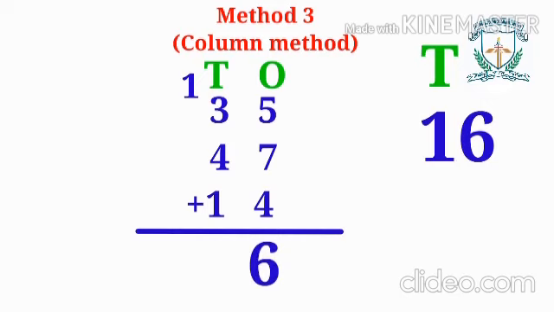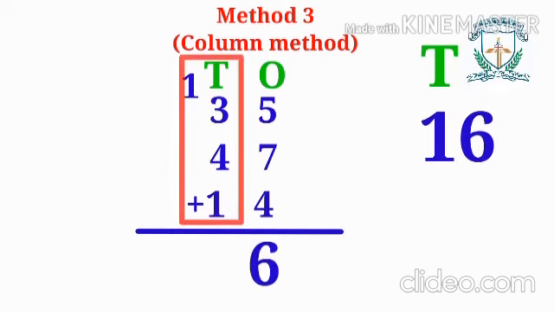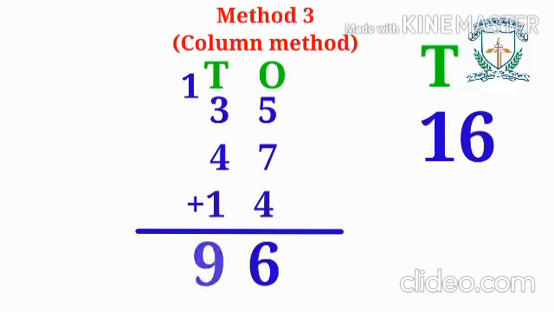Now we have to add all the tens place digits along with carryover, that is 1, 3, 4 and 1. Then we will get 9 as answer. Hence, when we add 35 plus 47 plus 14 using column method, we get 96 as the answer.